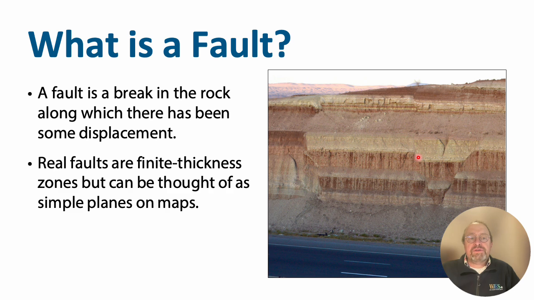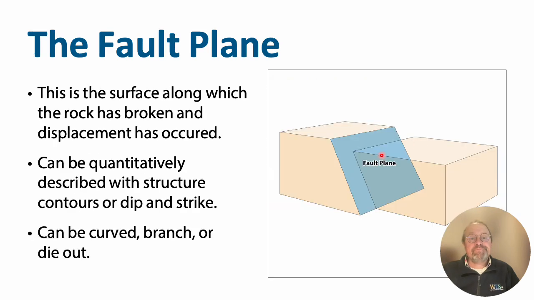So although faults are really in reality not two-dimensional, we often treat them as so on geological maps. We think of them just as simple planes, even though faults usually have a thickness of deformed fault rock within the juxtaposition of the fault plane.